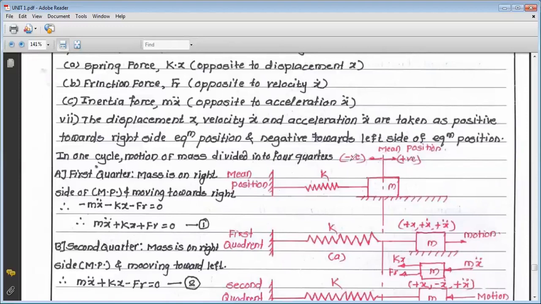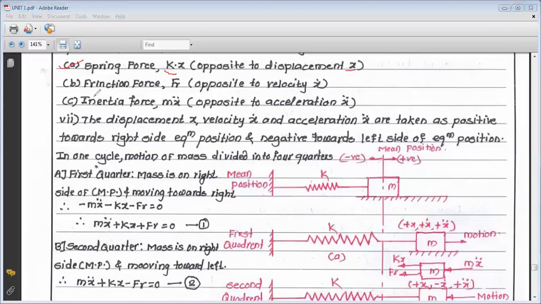Now there are 3 types of forces. One is inertia force, which is opposite to acceleration, that is x double dot. Second is frictional force Fr, which is opposite to the motion of the body, meaning velocity x dot. And third is spring force, that is Kx, which is opposite to displacement. The magnitude of spring force is Kx, and the direction is opposite to displacement.